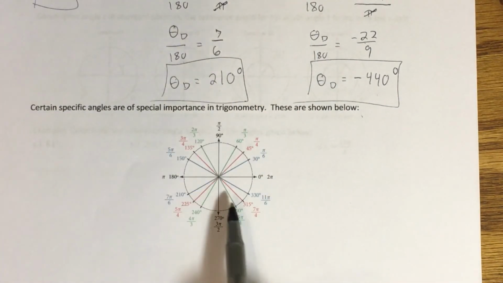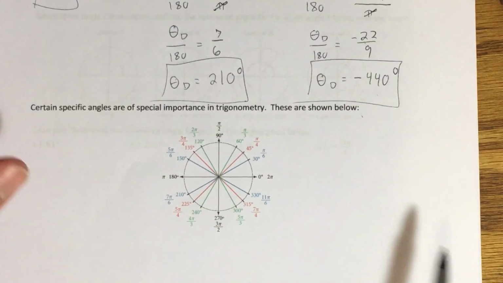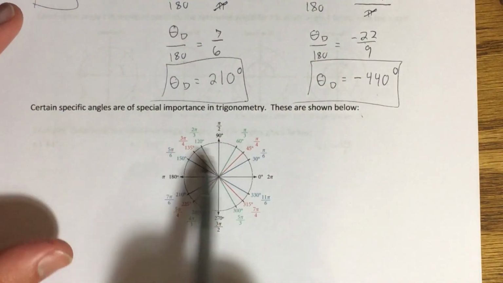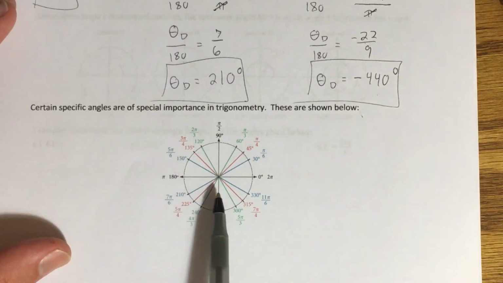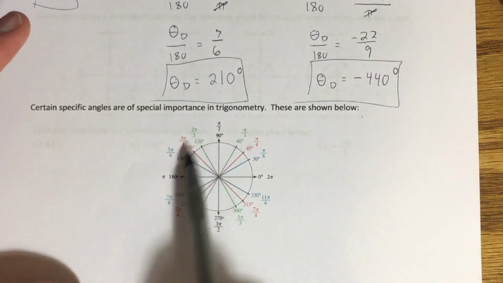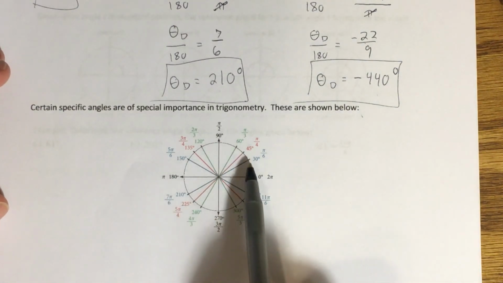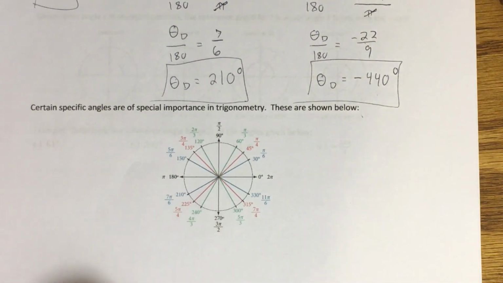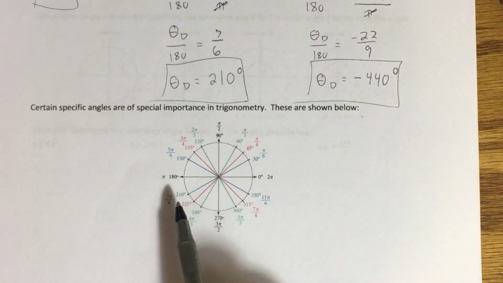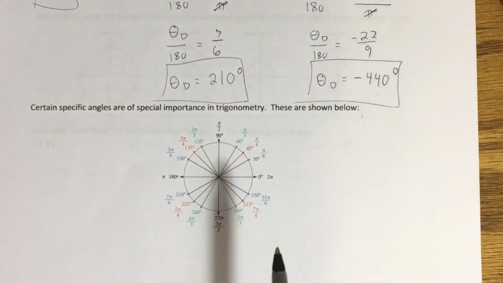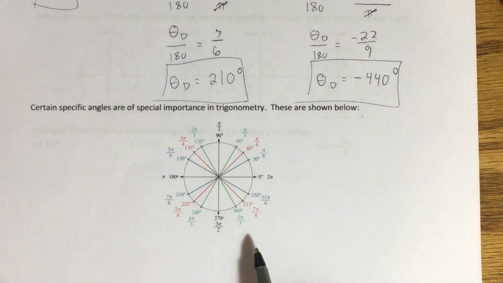I wanted to show you this little image down here. We'll stop this video with this last little explanation. This is probably very small to see, but we're going to look at this in much more depth a little bit later in chapter 7. There's a certain set of angles that we sort of single out in trigonometry because they have some nice properties that make them easy to work with.